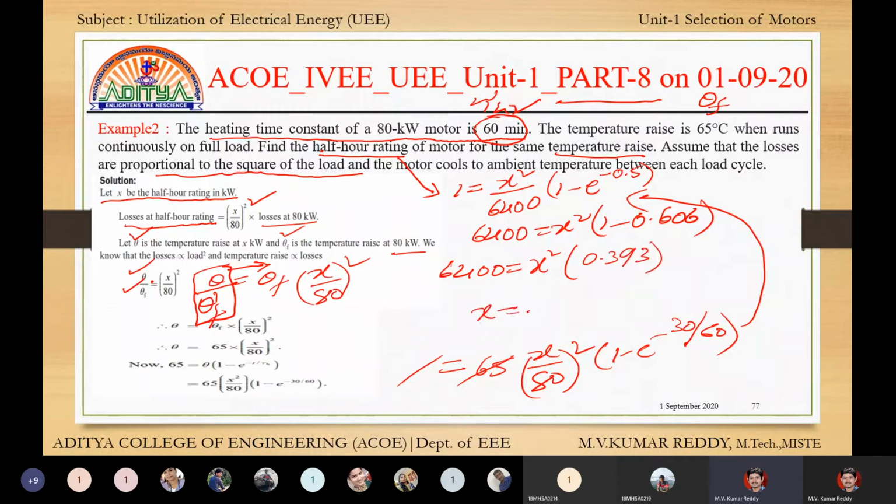Now x is equal to the square root of 6400 divided by 0.393, which gives 127.54 kilowatts. This is the required answer.